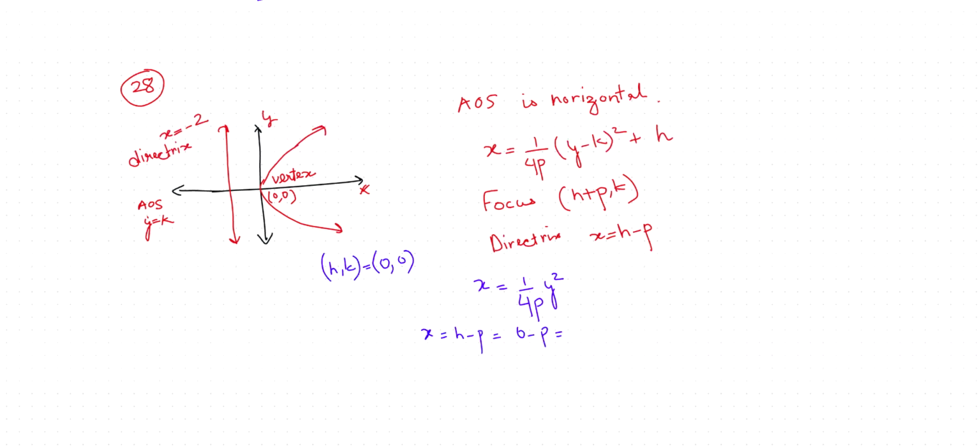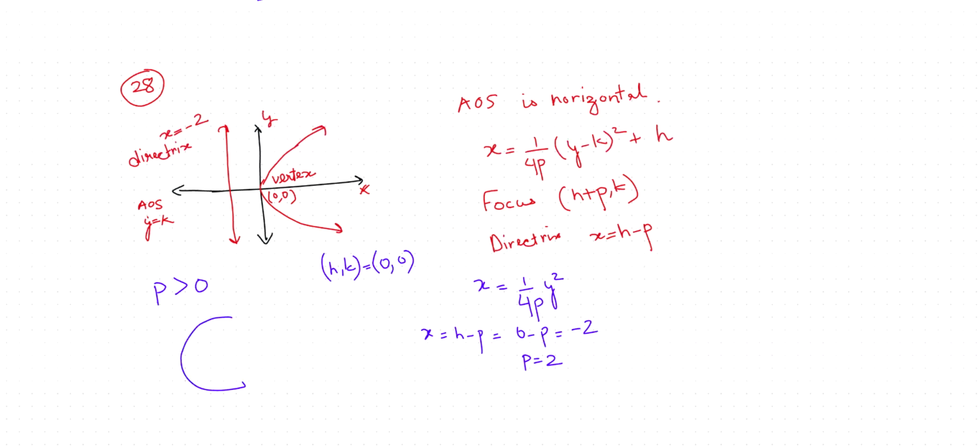So p is equal to 2. So this also confirms that when p is greater than 0, the parabola opens right or up. So this is opening right here, and p is equal to 2.